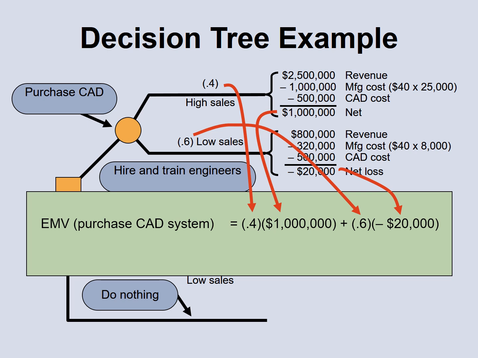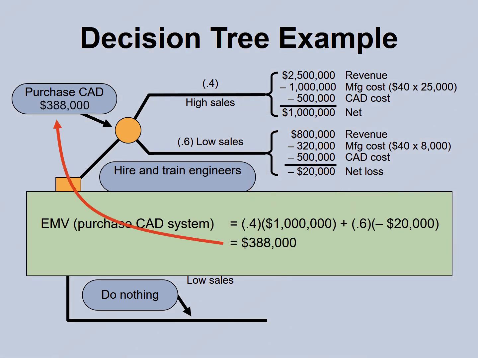On the low sales, if the revenue was only $800,000 instead of $2.5 million, the manufacturing cost would be $320,000, but the CAD cost would still be the same. It'd be $500,000. So when we calculate it out, we have a net loss of $20,000. So to purchase the CAD system, the expected value would be $388,000.